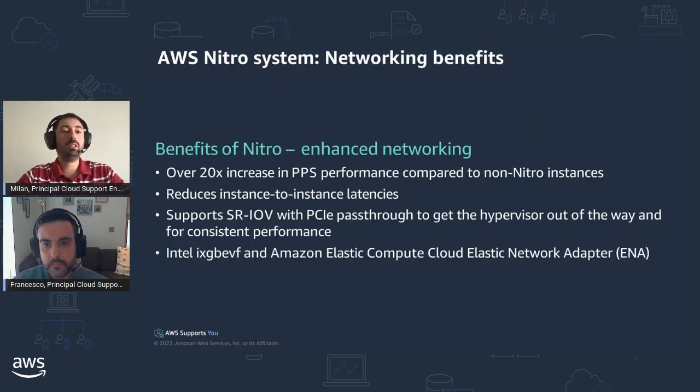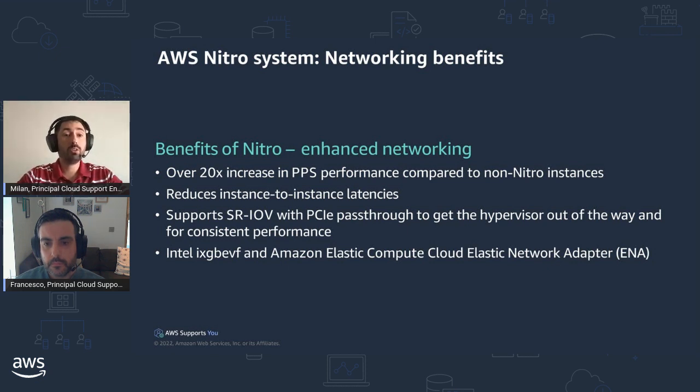When we zoom specifically into today's talk, the networking benefits, and reflect on the benefits of the Nitro system, we can see that with the introduction of Nitro enhanced networking, we have been able to drive significant increases in packets per second available to the instances when compared to non-Nitro instance types.